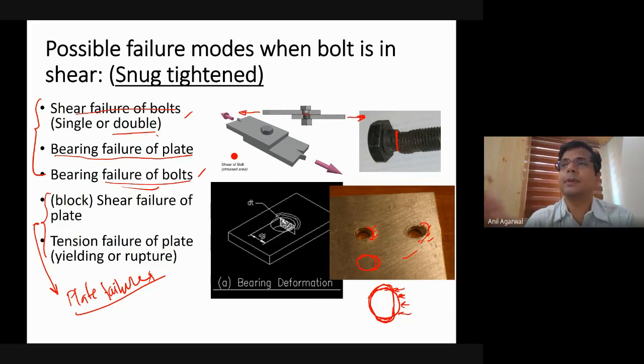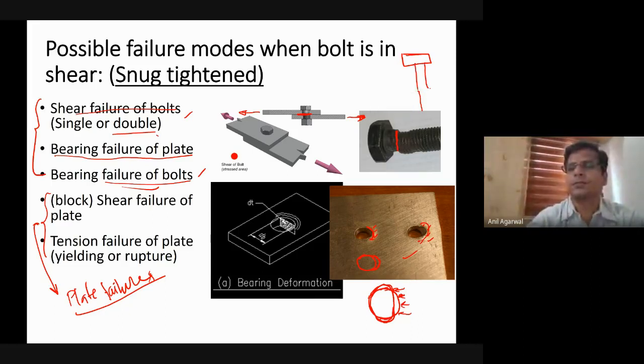That depends whether the shear plane, the plane common between the two plates, lies in the shank portion or in the threaded portion. You understand? So you may have a bolt that has a shank area, and then it has a threaded area.